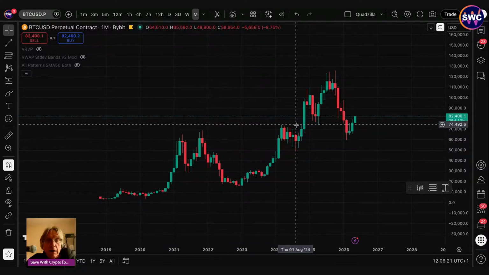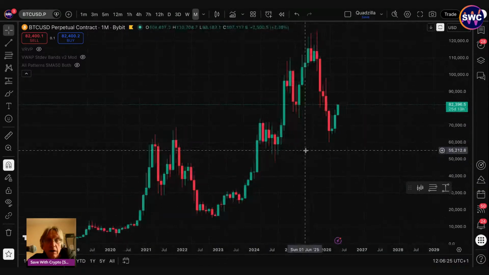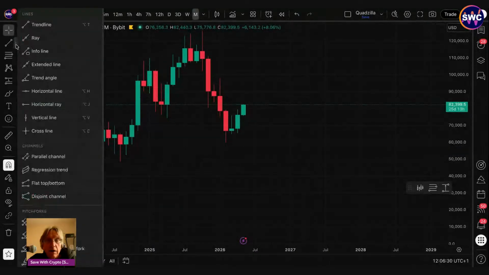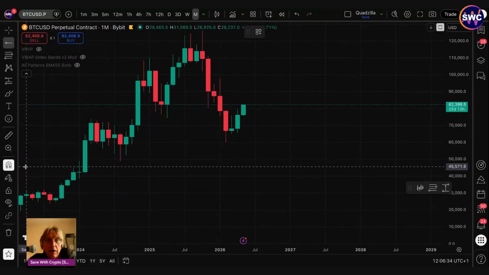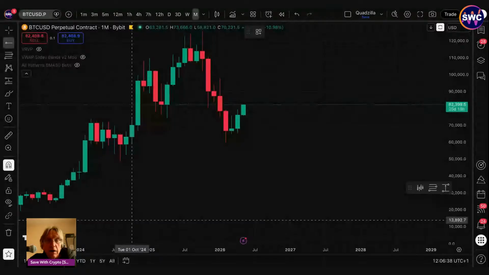Anyway, what I'm looking for here, and I'm sure you've seen me do it many times, is what I like to do is get the horizontal ray tool, put the magnet on, and then I look for either areas where the price hung around quite a lot or the price reversed.